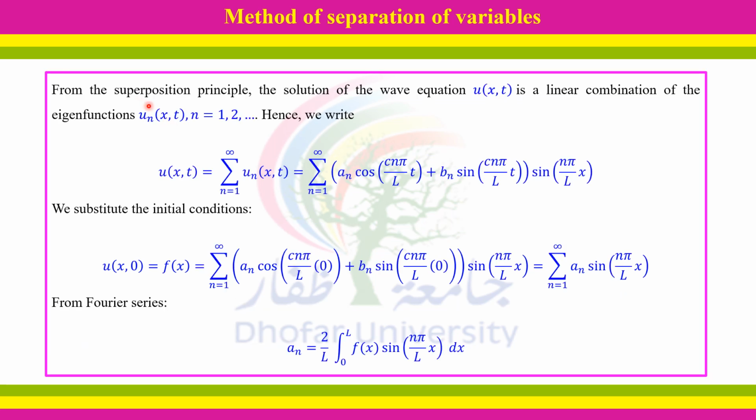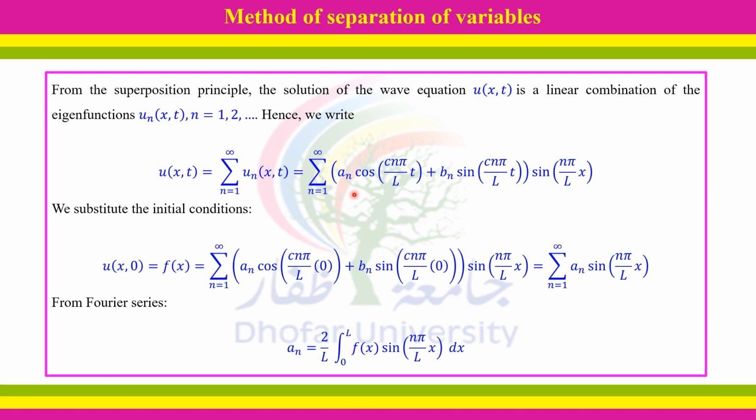Now we use the superposition principle to express the solution function u of x and t as a linear combination of the eigenfunctions U_n of x and t. So that means u of x and t equals the summation of U_n of x and t from n equal 1 to infinity, and then on this side we just replaced U_n of x and t by its formula.